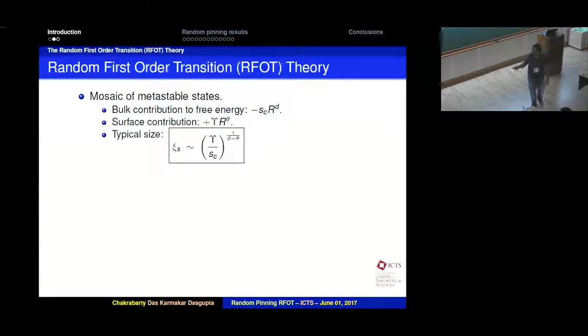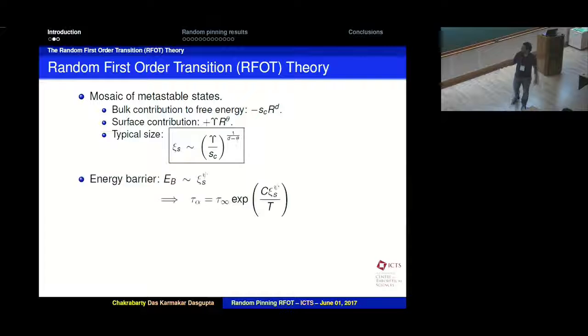And then from a balance of these two energy costs, you get a typical size of these mosaics, and that is given by 1 over Sc to the power 1 by d minus theta. And what is assumed is that the relaxation happens through activated processes, and the activation energy goes like the size of these regions to some power, and that power is psi.